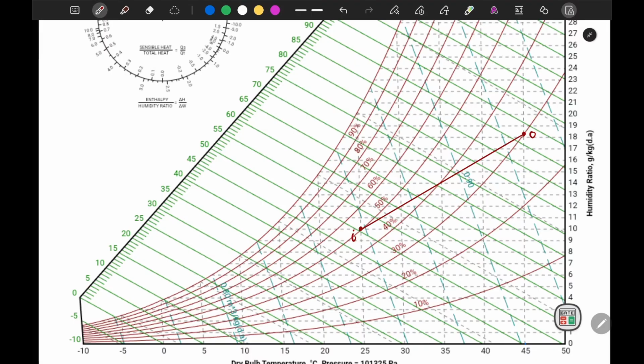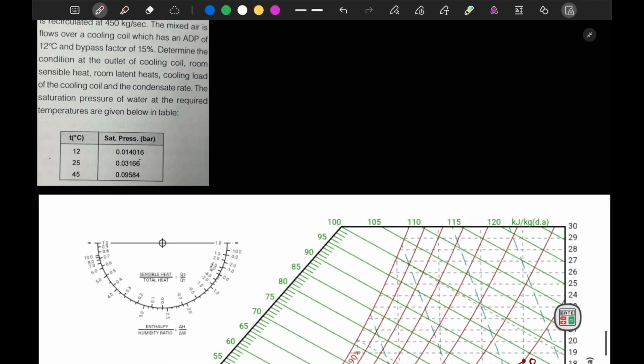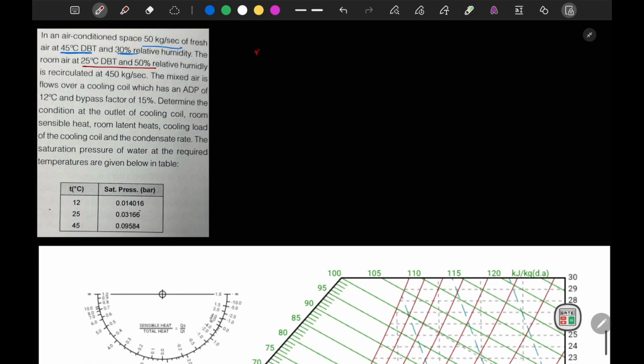Now to calculate this, we have to use our equation. First of all, we have to apply conservation of mass like we have done previously, m_a1 = m_a,o + m_a,i. We have got a value of 500 kg per second.